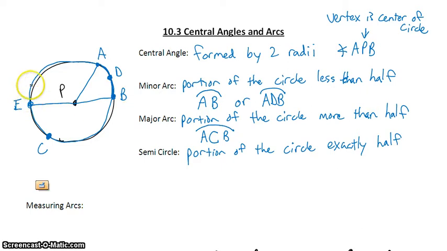One that goes from E to B around the top of the circle, and one that goes from E to B on the bottom of the circle. Each semicircle is different, so we need to make sure to label each semicircle with 3 letters. EAB is this top semicircle, and ECB would be this bottom semicircle.